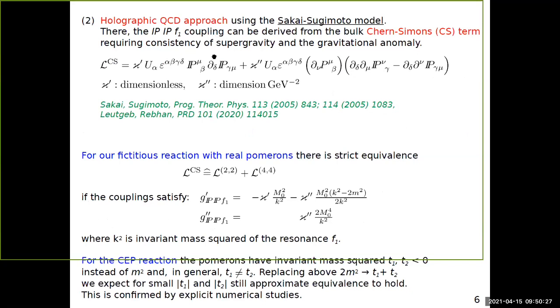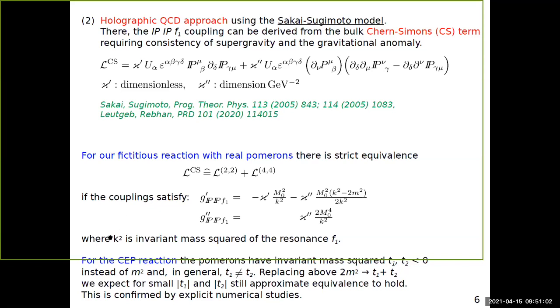And the Chern-Simons Lagrangian looks quite different, but it also has two couplings, kappa prime, which is dimensionless, and kappa double prime, which has dimension. So for our fictitious reaction with real Pomerons, there is strict equivalence. This Chern-Simons Lagrangian is strictly equivalent to the sum of the 2 and 4 Lagrangians, of course, if the couplings satisfy certain linear relations.